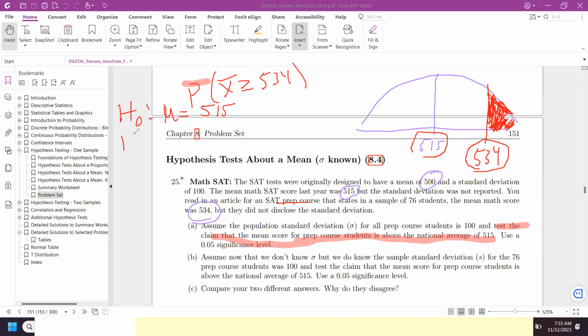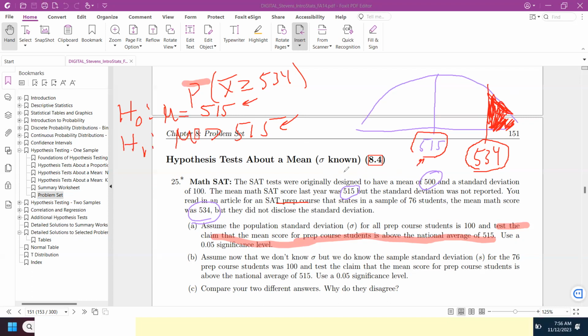And then the alternative hypothesis: indeed, they do better than 515, and this is going to be far enough away from the 515 to say that it's something different. It's significantly different, statistically significant. One thing I want to make sure you point out, I was helping somebody yesterday and there's a little confusion there. This number and this number will always be the population mean, or population proportion if we're dealing with proportions.